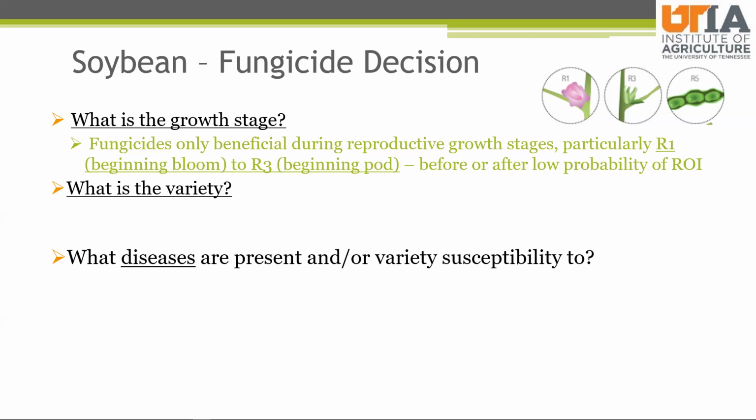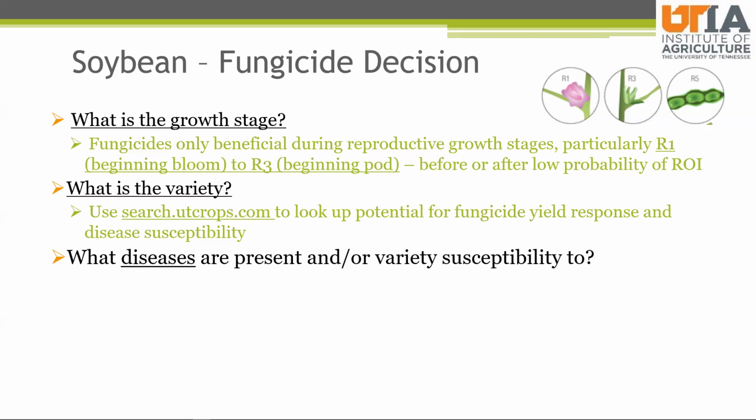Also, what is your variety? Utilize the resources available to you from the company, as well as search.utcrops.com to look up potential yield response and disease susceptibility to a fungicide. I look at the varieties that are nominated for our county standardized tests, our CSTs, with and without a fungicide at anywhere from 2 to 3 locations on a yearly basis.